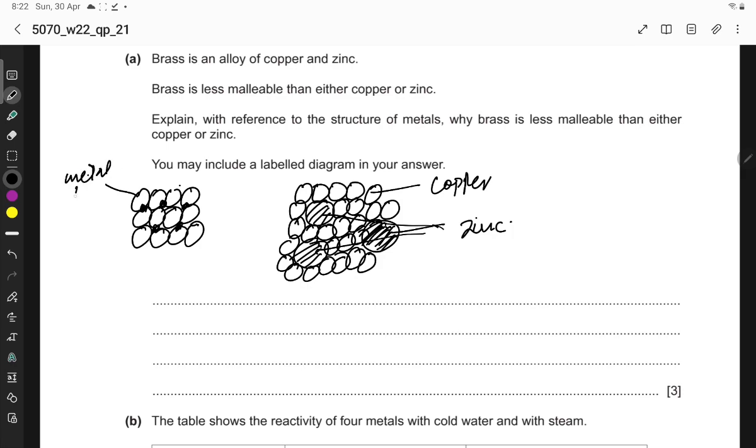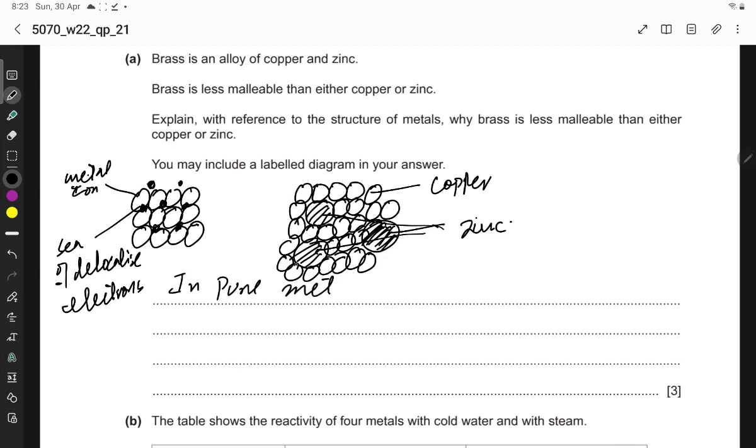Metal ions and a sea of delocalized electrons. This is pure metal and this is alloy.